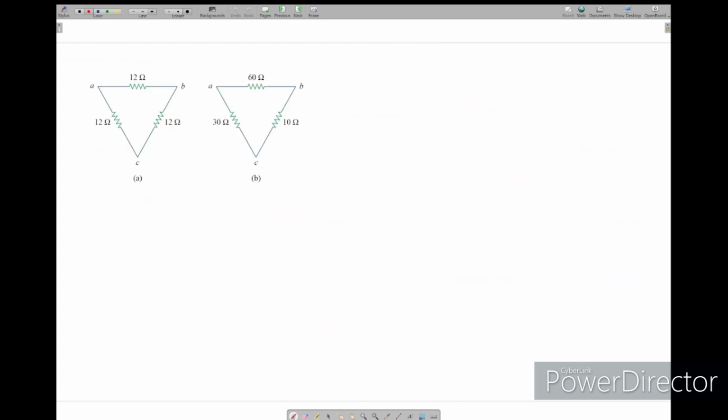Now we'll go from delta to star. Now I will make one star here. So I will take this R1, R2, R3. Again this is from delta to star. Simply we'll multiply. R1 is between what? Between this 12 and 12. So 12 into 12 divided by the sum of all resistances, 36.